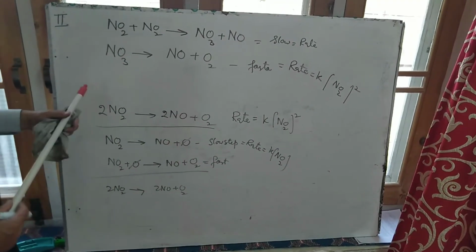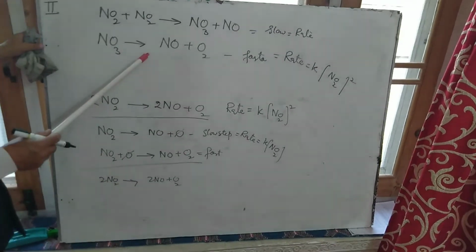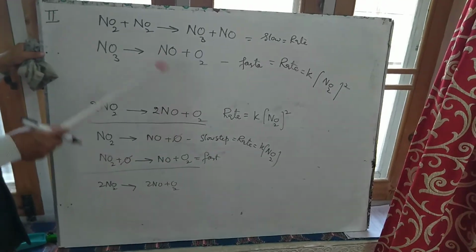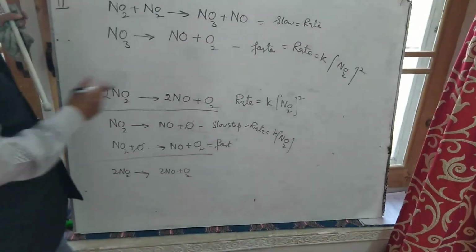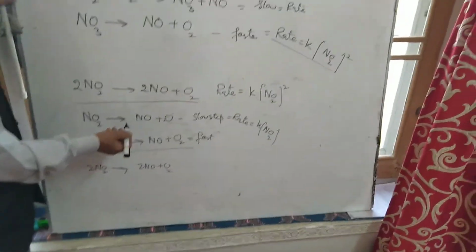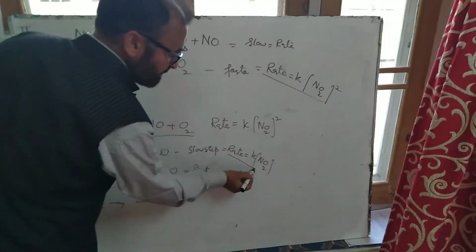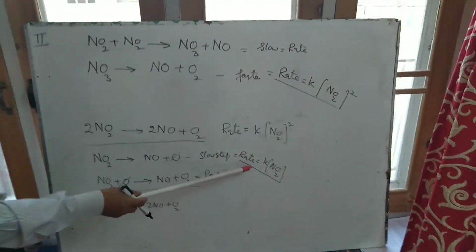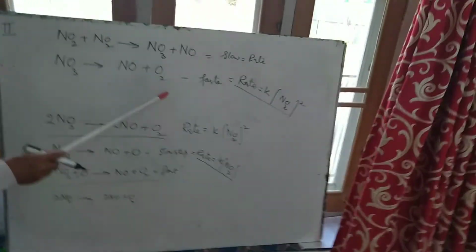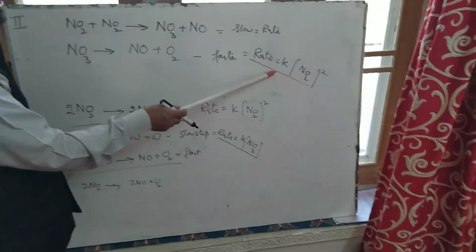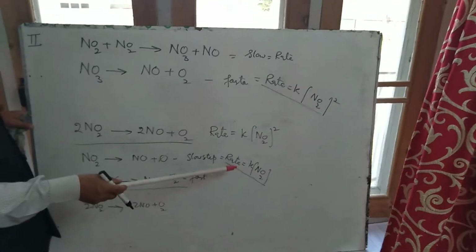Now, experimental evidence: experimentally, one mechanism is agreed and the other is not agreed. The mechanism which agrees experimentally gives the actual rate law expression, and the mechanism which does not agree with the experimental evidence will not give the rate law expression. That means for the rate law expression, we have to carry out experiments to find the actual concentration terms on which the rate depends.